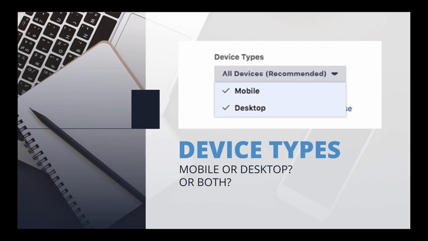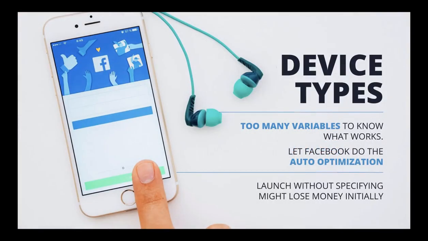So for device types, mobile or desktop, generally speaking, I don't specify whether I want it to run on only mobile or only desktop. I'll usually have both selected, and then once the ad starts running, Facebook will actually pick which one is getting the better results, and it'll push all the traffic towards that device type.